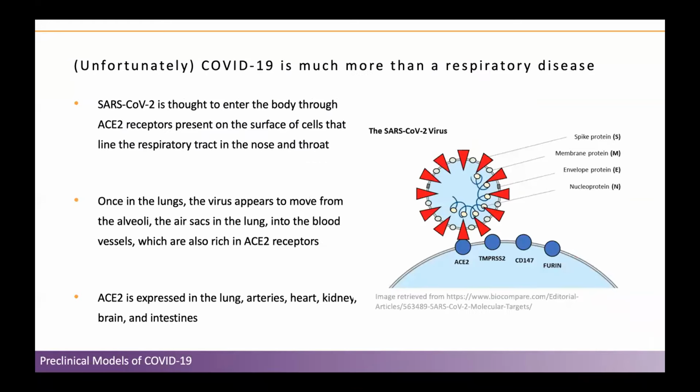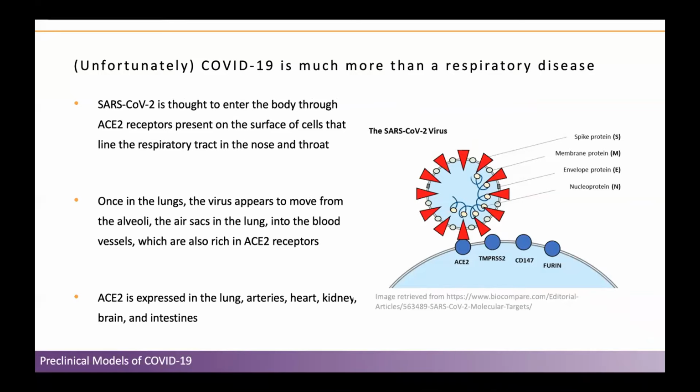But of course, as I alluded to previously, COVID is much more than just a respiratory disease. It was very much focused on the respiratory distress that patients were feeling at first, and now we're seeing widespread systemic damage to the body. And it's thought that this is due to the fact that COVID enters the body through the ACE2 receptor.